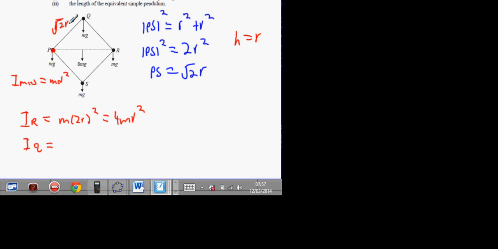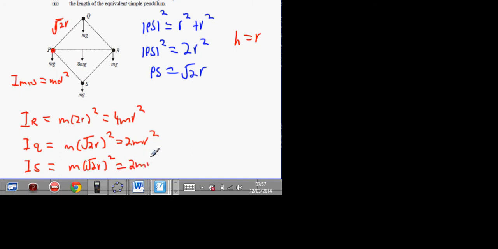I of q is going to be m times root 2r squared, and that's going to get me 2mr squared. I of s, the point mass s, is the same thing: m times root 2r squared, which gets me 2mr squared.